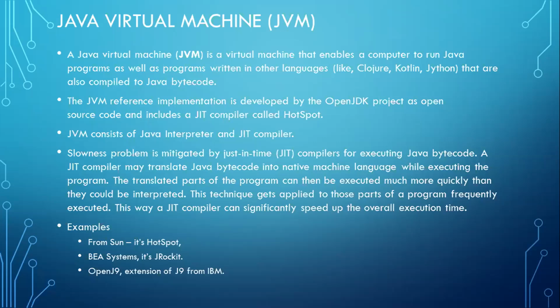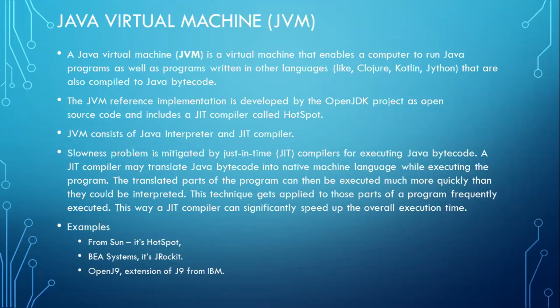So instead of having one physical machine, you could deploy n number of virtual machines, and these can run independently of each other. Similarly, the Java Virtual Machine also provides an execution environment for your Java program.